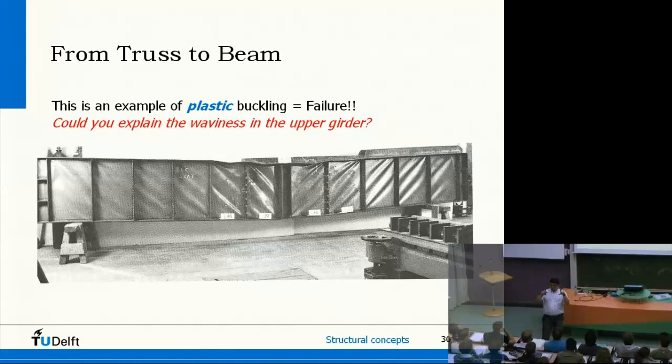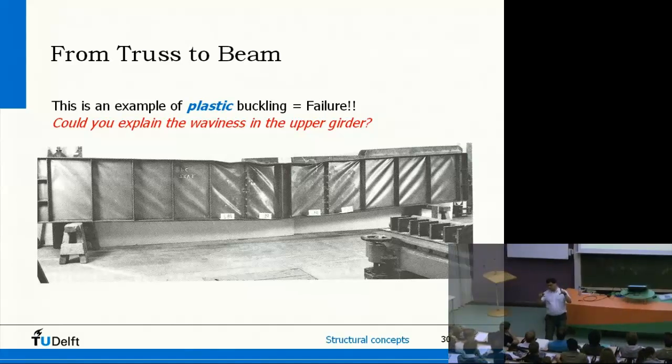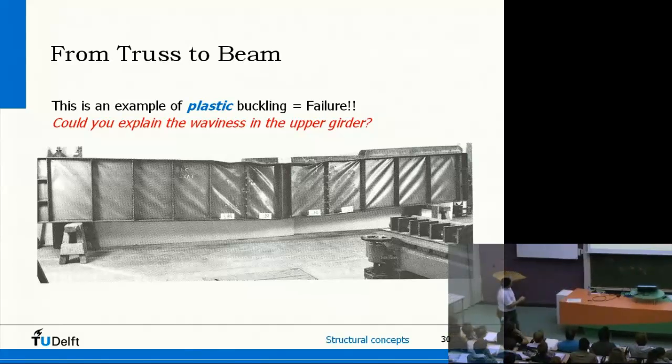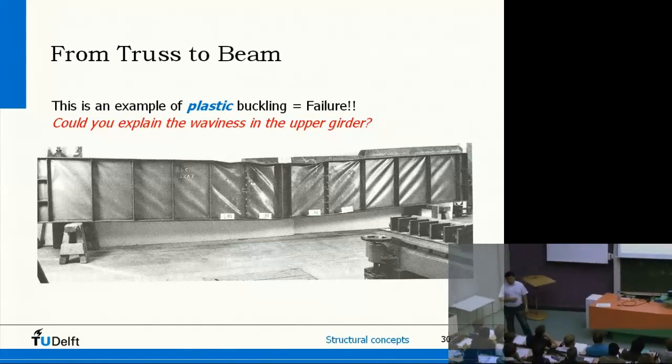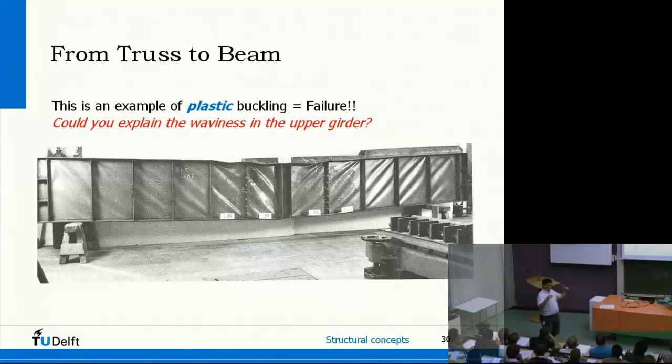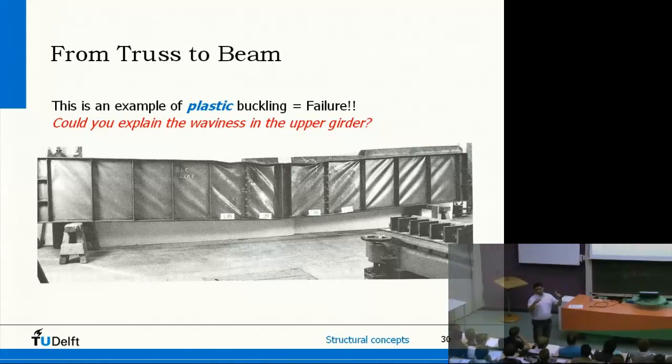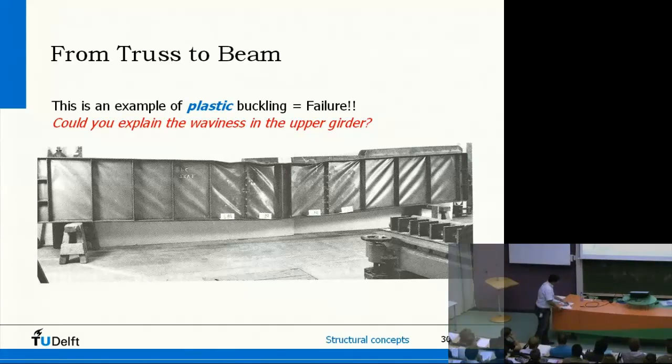On one side you have tension, the other side you have compression. And this is the compression side. So that's why this top flange, upper girder, we sometimes call it, is subjected to compression. So if it is thin enough, it may also buckle. And that's what you are seeing in this picture.